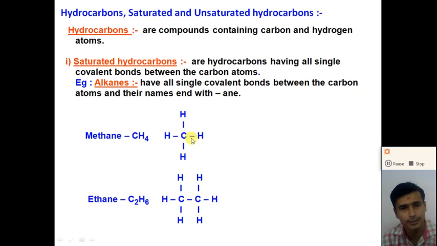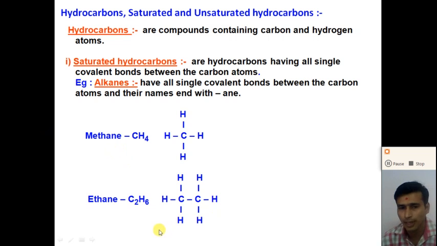All the covalent bonds in this are single bonds, right? So carbon makes single bonds with other carbon atoms and hydrogen atoms. These hydrocarbons are known as saturated hydrocarbons. Like this, C makes covalent bonds with 4 hydrogen atoms. The molecular formula of this is CH4 and it is called methane.